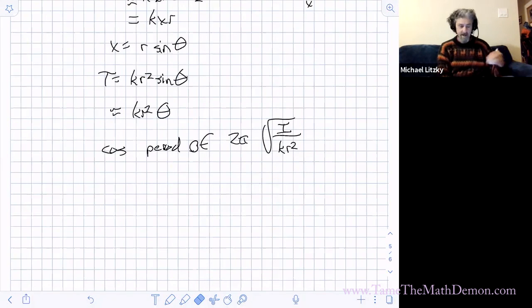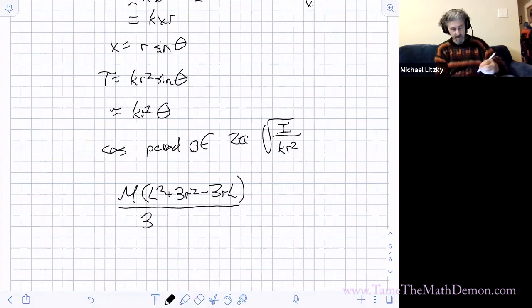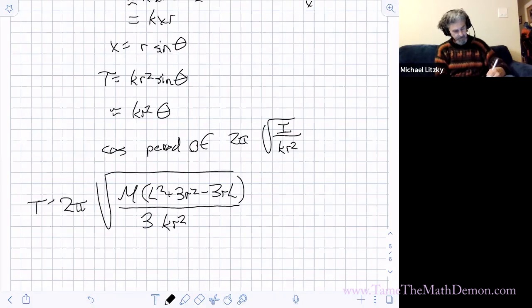Oh yeah, we got it, because when we plug in that inertia that we had before, that inertia over kr squared puts the kr squared in the denominator, square rooting that, 2 pi, that's the period, and then if we square everything, we get the formula we were supposed to arrive at. But boy, what a lot of work.